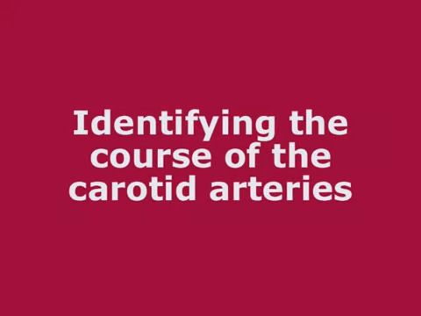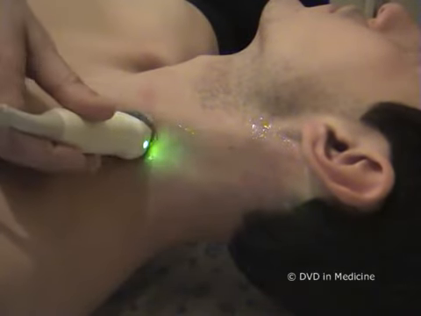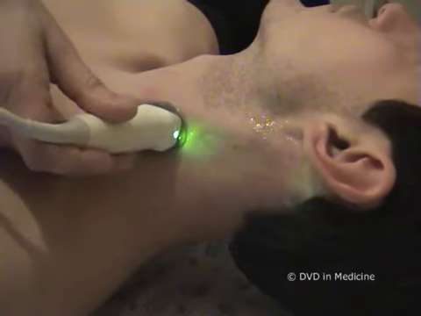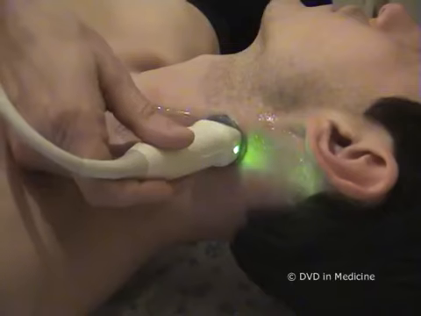Identifying the course of the carotid arteries. The first step of the investigation is to identify the course of the carotid arteries. One starts the investigation with the posterior longitudinal approach.